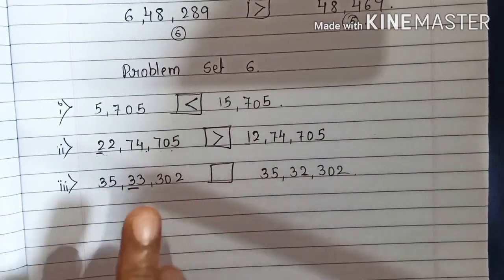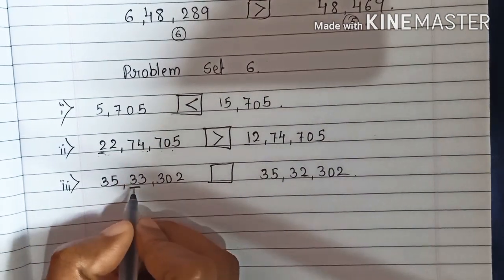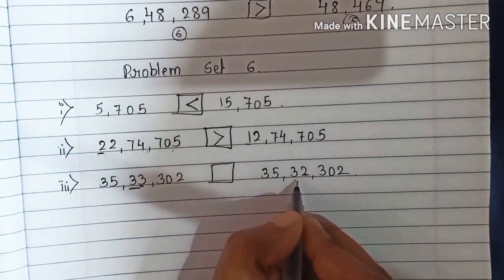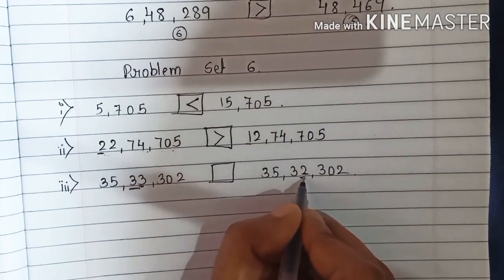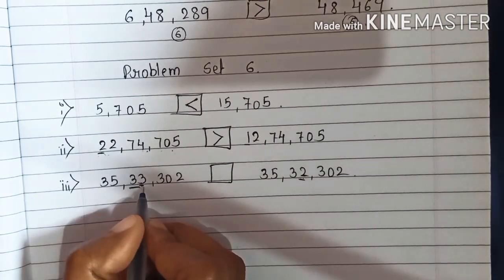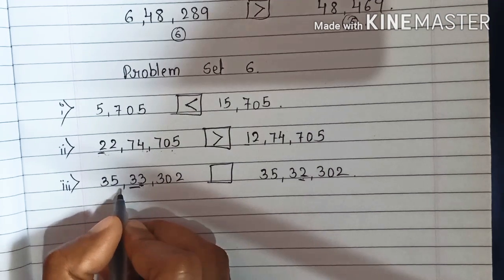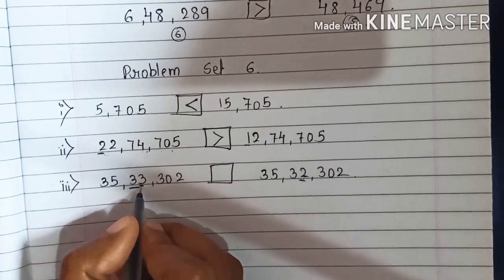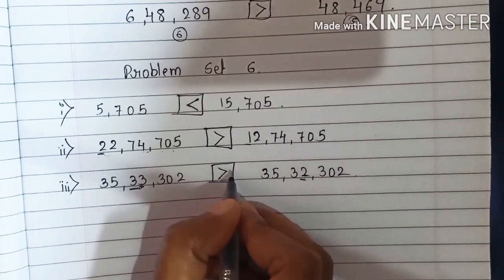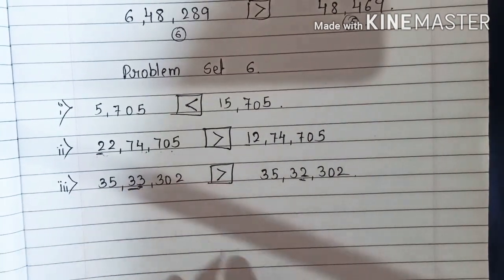The number of digits is the same, but here the face value of this digit is 3 and here the face value is 2. Among this 3 and 2, this 3 will be greater. That means this 35,33,302 is greater. You will open your mouth this side.